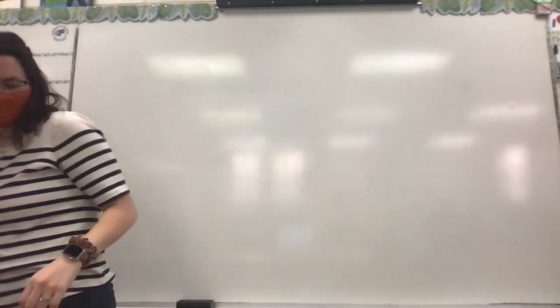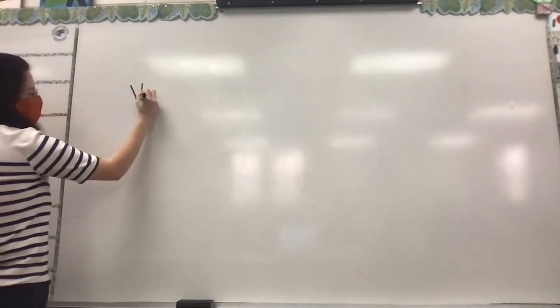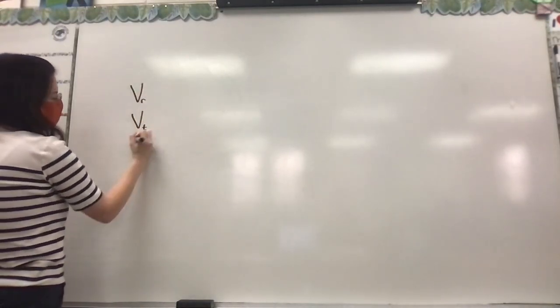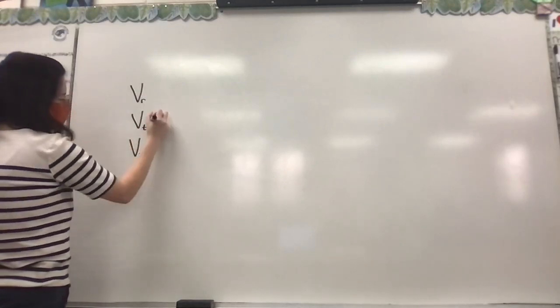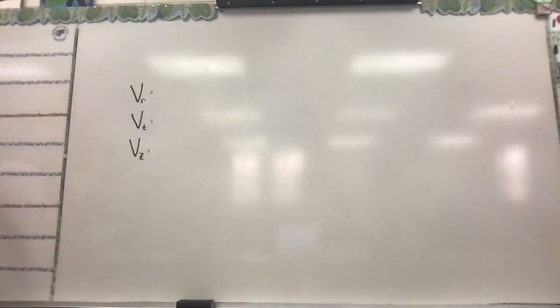So let's start out with all of the V's. So we would have the velocity in the R, the velocity in the T, and the velocity in the Z. If you had to guess, which one of these, or which multiples of these do you think are equal to zero?